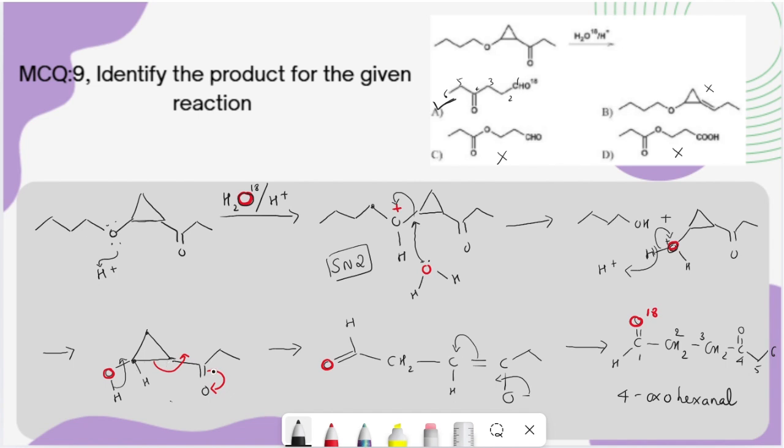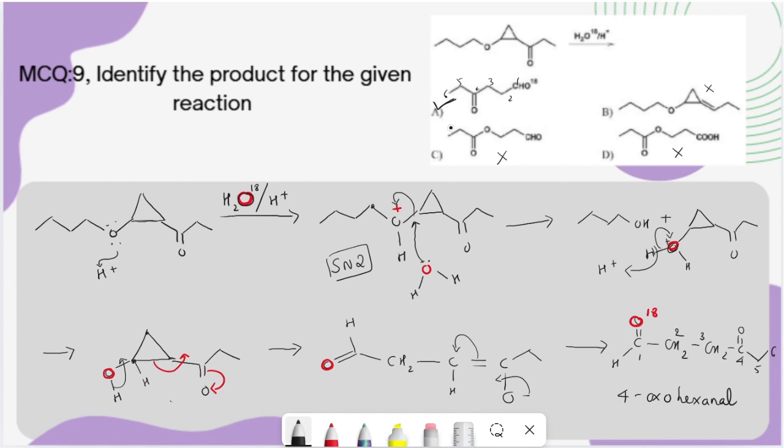That is one thing. The second thing is that it is attached to carbonyl. So when the electrons go here, it will be stabilized by the carbonyl. That is the driving force. And then finally it should get back its proton. So then we are going to get a 4-oxohexanal molecule as given in option A. Therefore the right option is A.